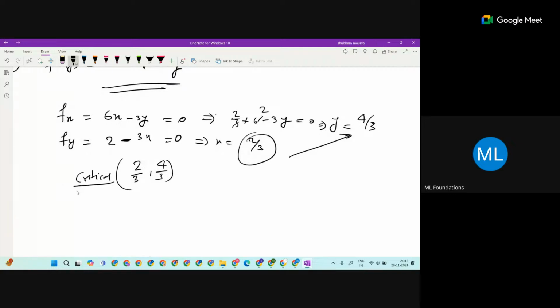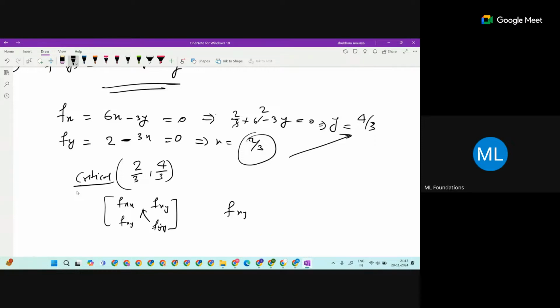And once we get the critical points, then we find the double derivative. What is the Hessian? Hessian is the determinant of the Hessian matrix.